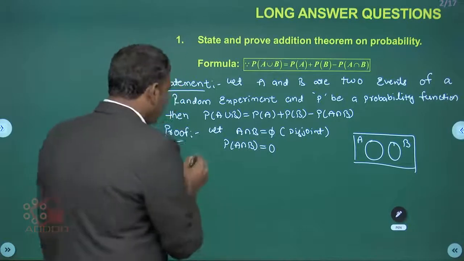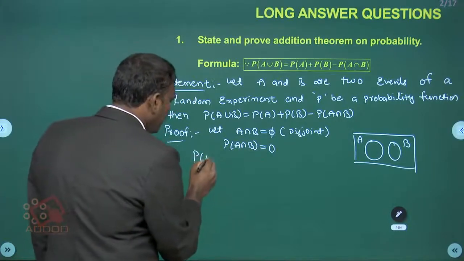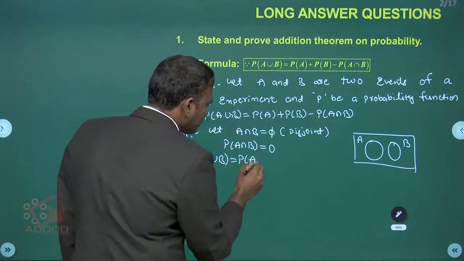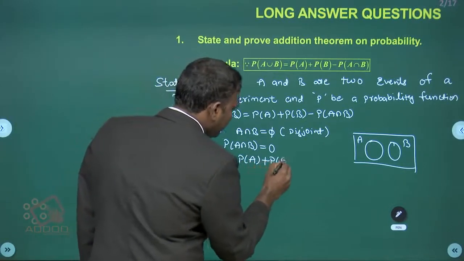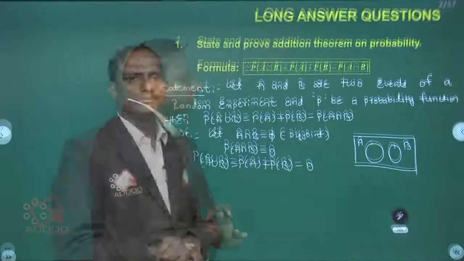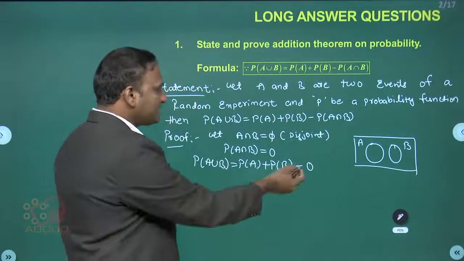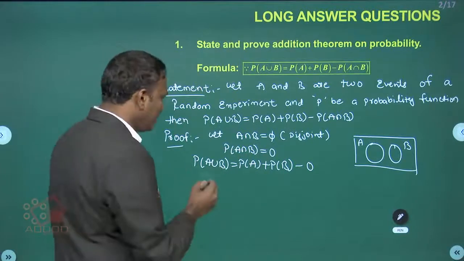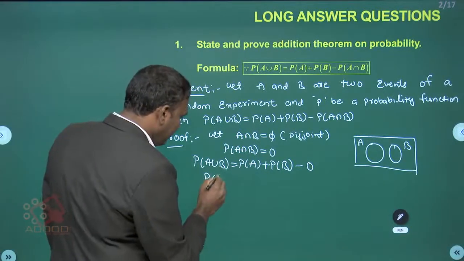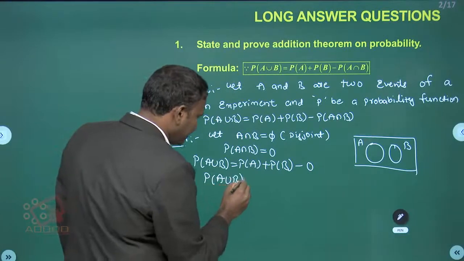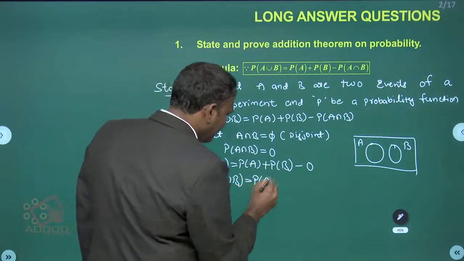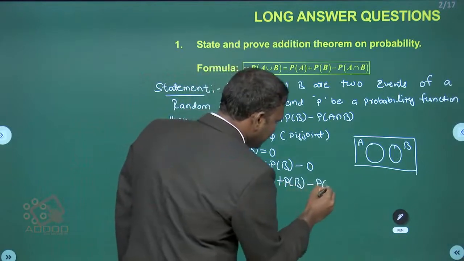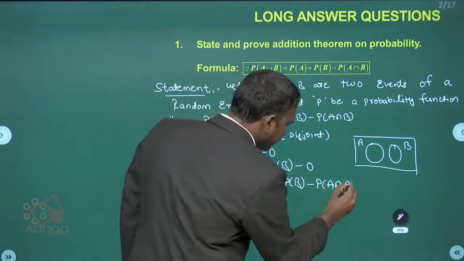So now P of A union B becomes P of A plus P of B minus 0. Instead of 0, we can write P of A intersection B. So P of A union B is equal to P of A plus P of B minus P of A intersection B.